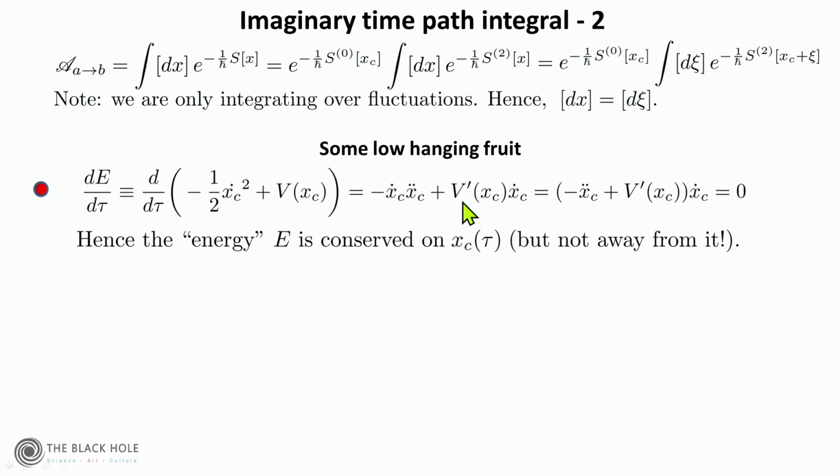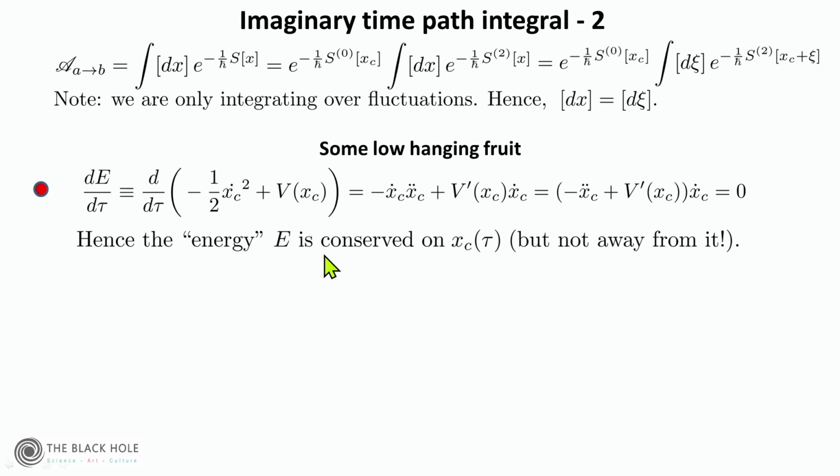And so that's V prime into dx by d tau, in other words, xc dot. Take xc dot common, and what do you have over here? Newton's law. If you have Newton's law over here, then this is equal to 0. And so energy in this sense is conserved.